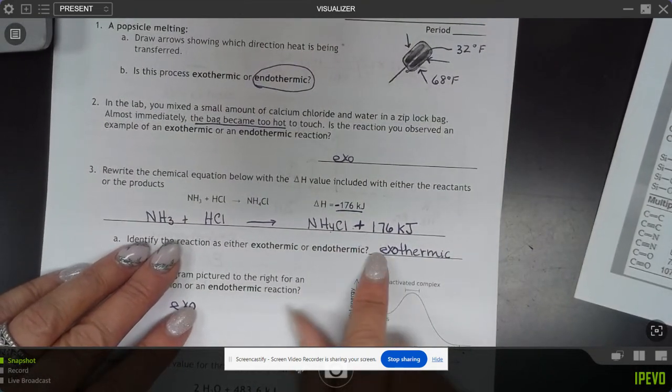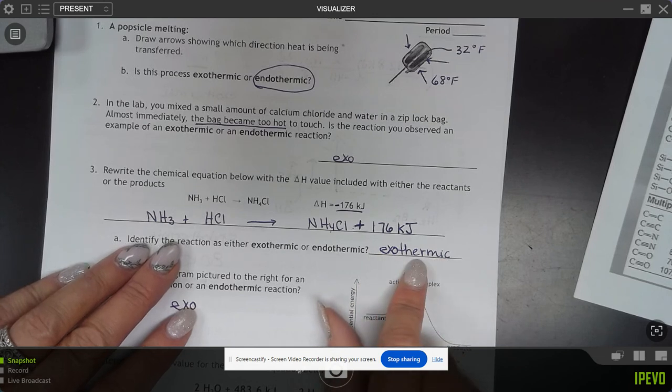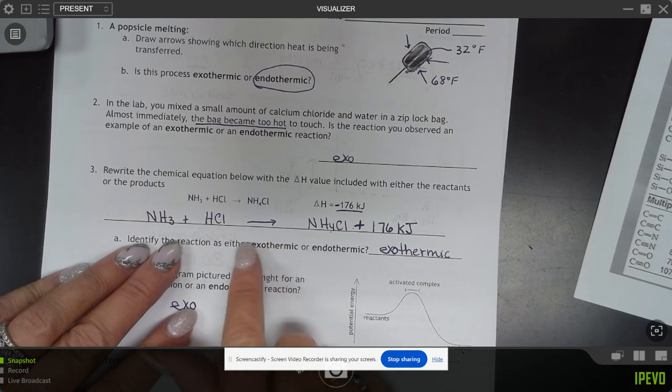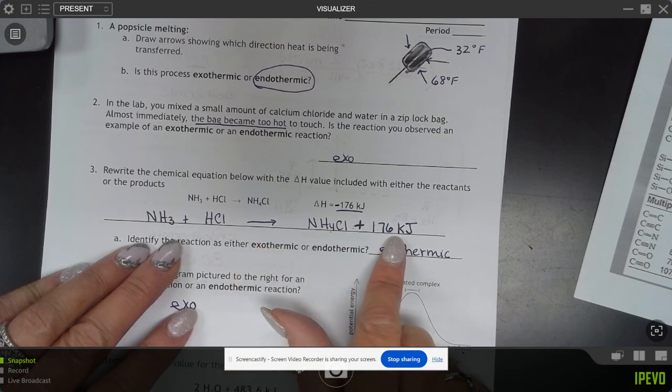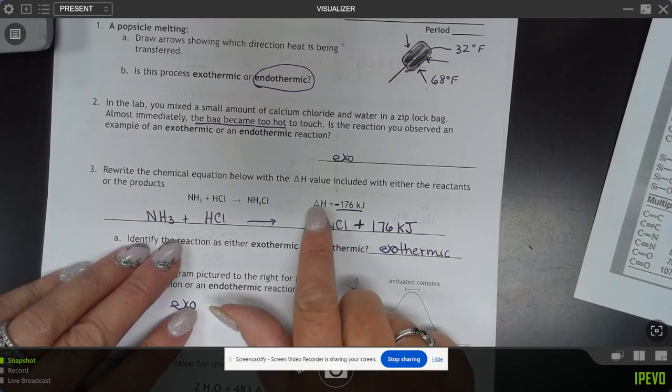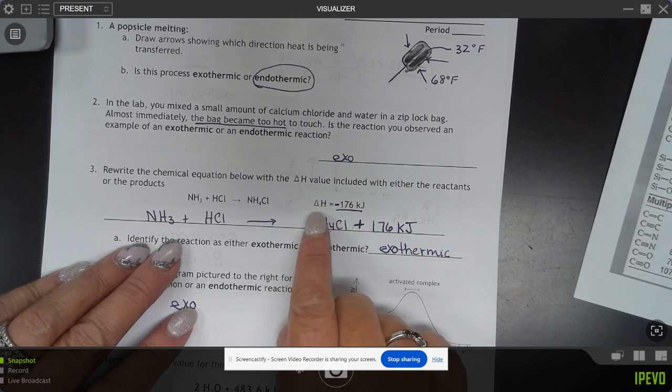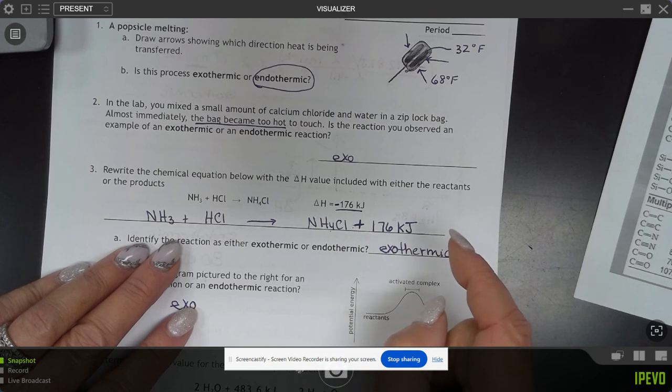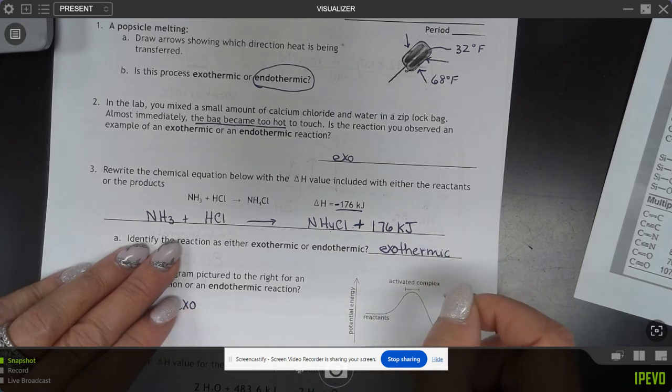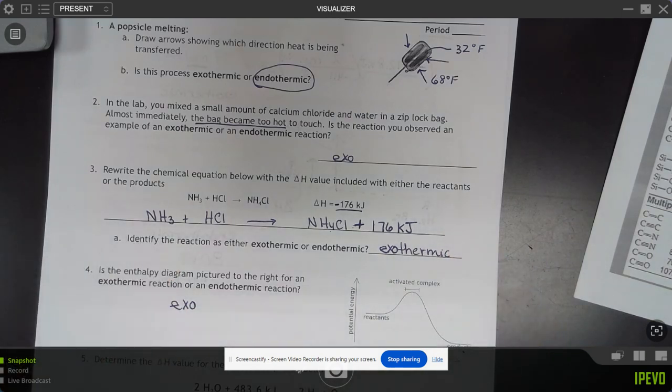If you put that this was endothermic, what I would want you to tell me is this is exothermic because in exothermic reactions, the delta H is negative, and in endothermic reactions, the delta H is positive. So I want you to do that explanation of what's what for each thing that you missed.